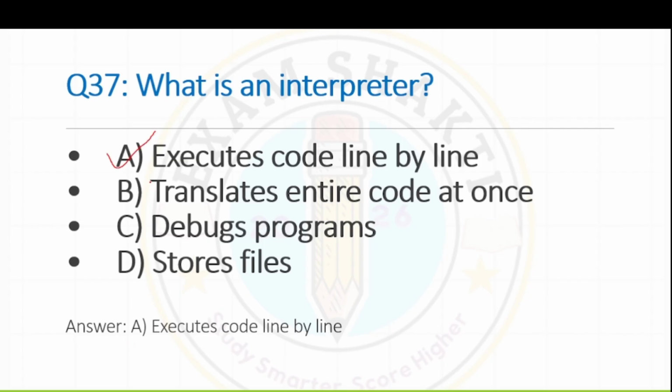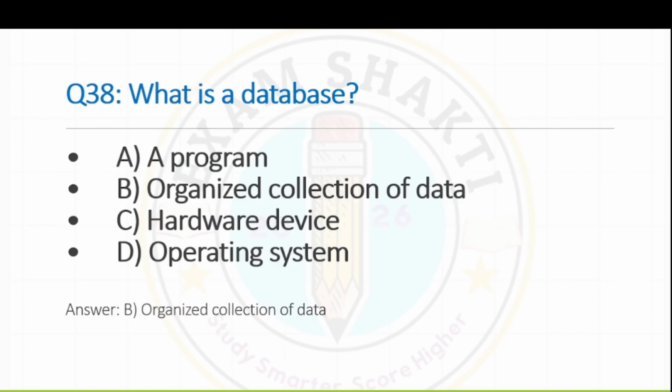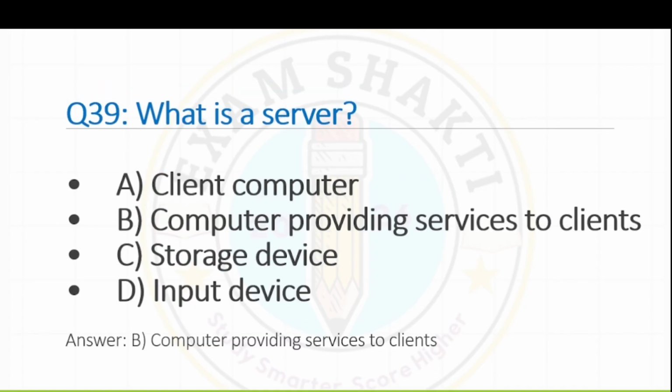Answer A, executes code line by line. What is a database? A program, organized collection of data, hardware device, operating system. Answer B, organized collection of data. What is a server? Client computer, computer providing service to client, storage device, input device. Answer B, computer providing service to client.